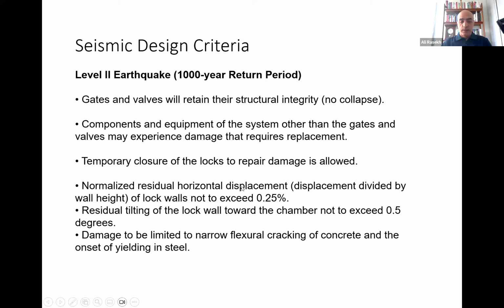So they set limits on maximum deflections in the whole system or in the walls, and limits on the displacements. That's a two-level design, or more recently what we call performance-based design. So different performances for different demands, basically.